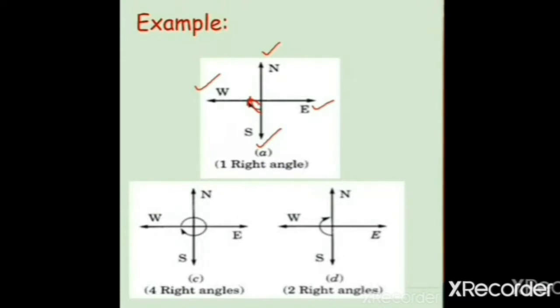If we take 2 turns from south, we will be at north. If we turn 3 times, 90 degrees each from south, we will be at east. After a right angle turn 4 times, clockwise 4 times, we will be again at south.